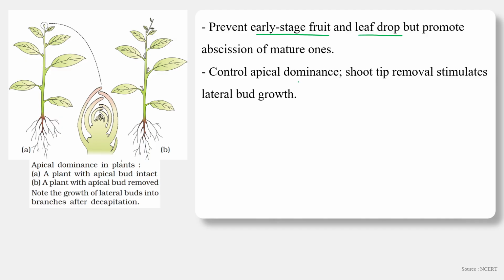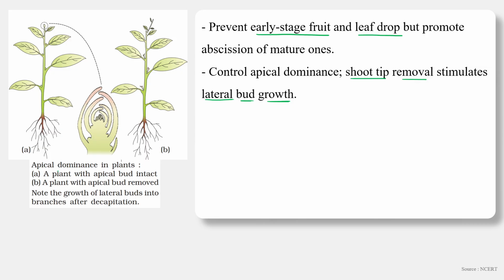Auxin also controls apical dominance. Shoot tip removal stimulates lateral bud growth. If we remove the shoot tip, it will promote lateral bud growth.